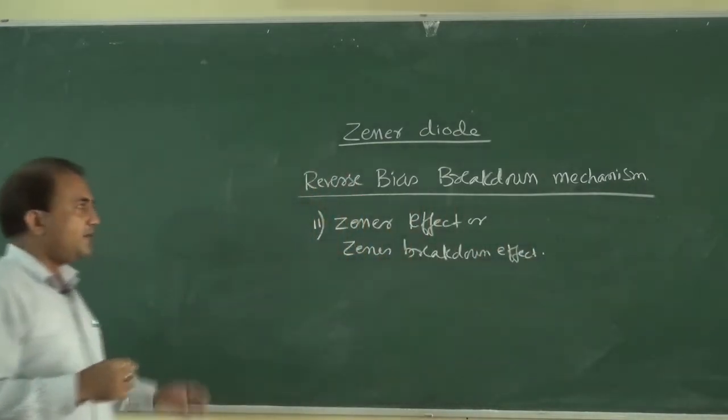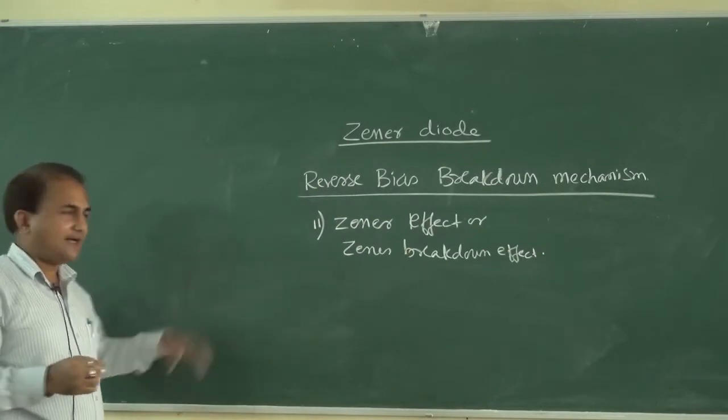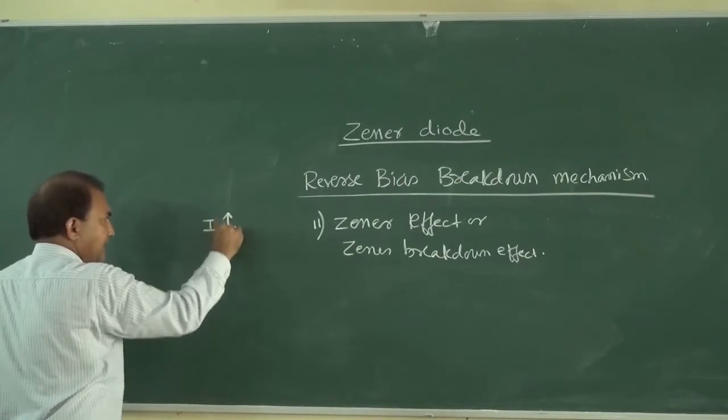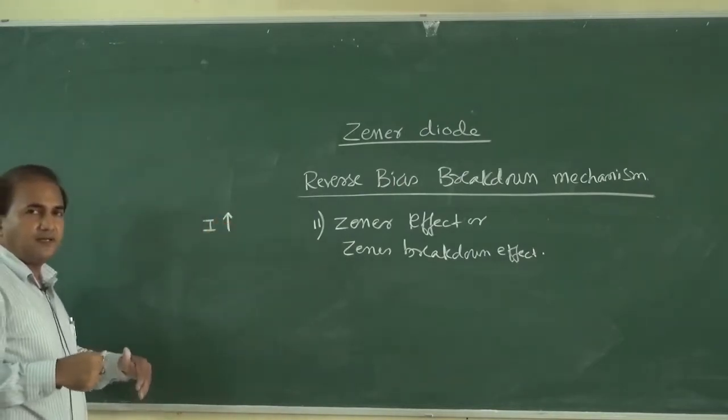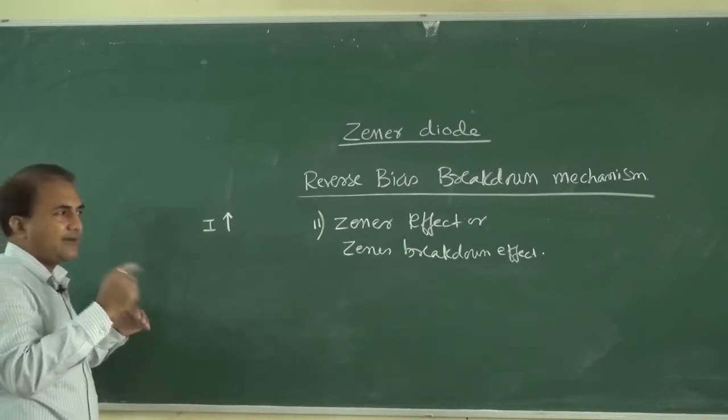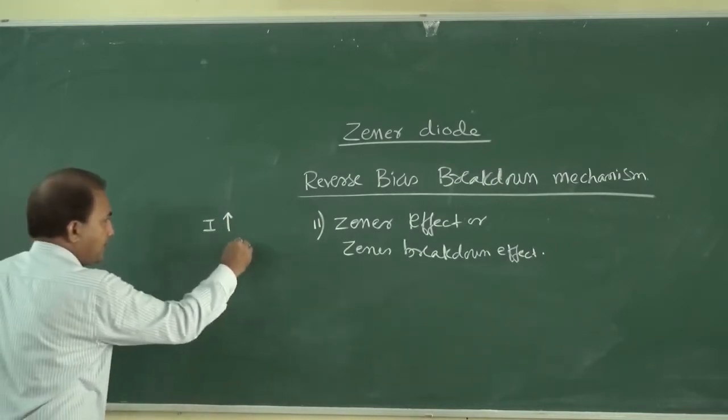Because of the Zener breakdown effect, a very large amount of current is observed just after the breakdown.